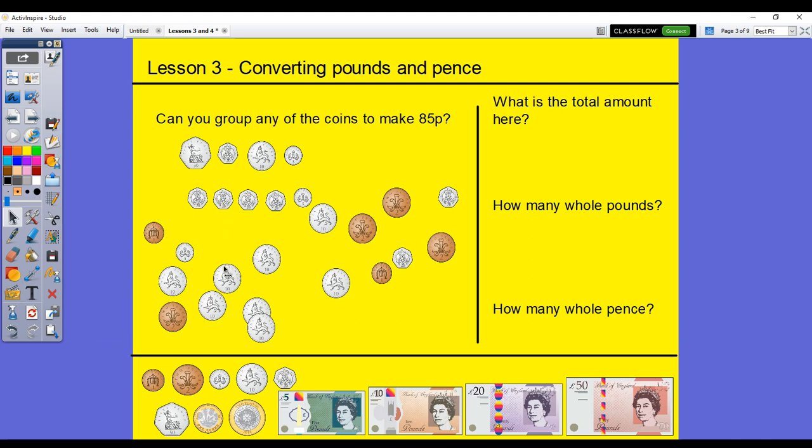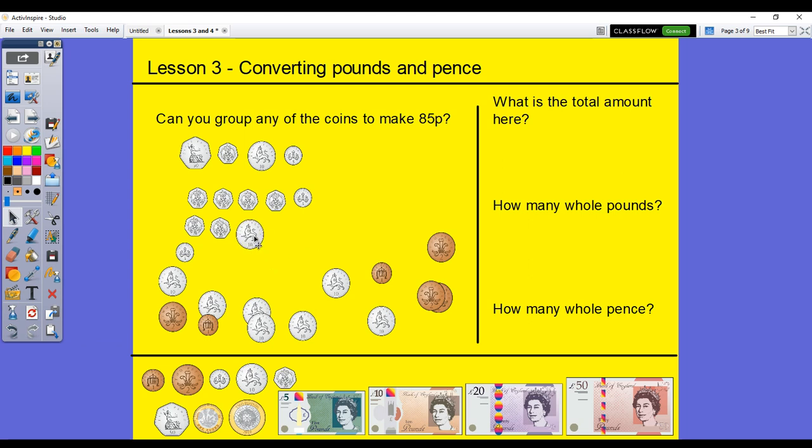Move these down here. That's another way to make 85p. We've still got some coins left, so let's see if we can make any more. 20, 40, 50, 60, 70, 80, 85. It's another way. So we've got 3 ways at the moment.